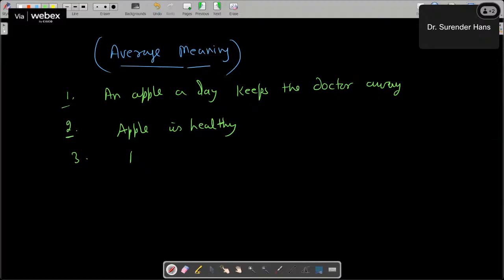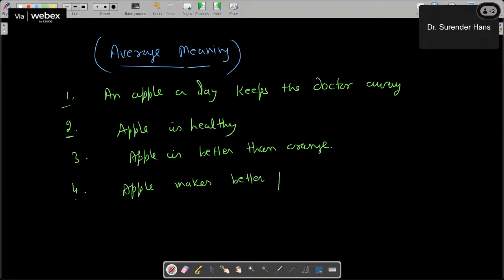And the third is: apple is better than orange. And the last one is: apple makes better phone.